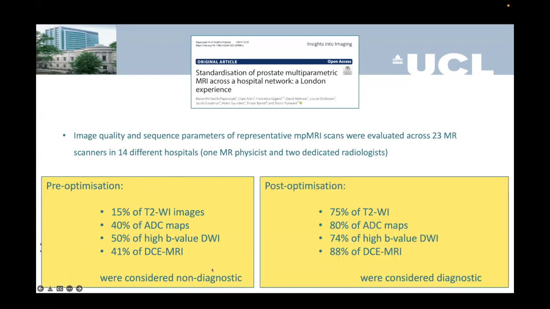After optimization, meaning that we applied the PI-QUAL score and the PI-RADS recommendations, and we improved their quality, you can clearly see here that there was a huge improvement in terms of image quality for all of the sequences.